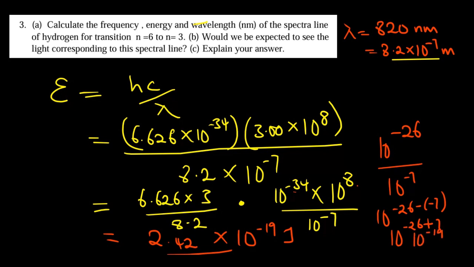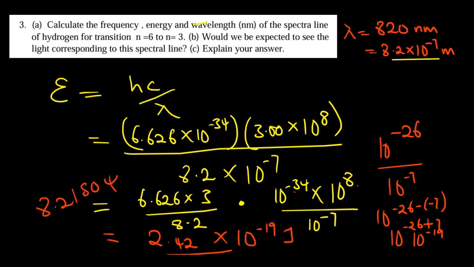And then what about the other part? If I divide 6.626 multiplied by 3, and then divide by 2.42, I'm getting 8.2 and then 1, 504, something like that.